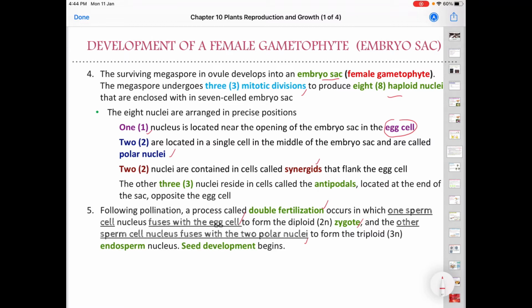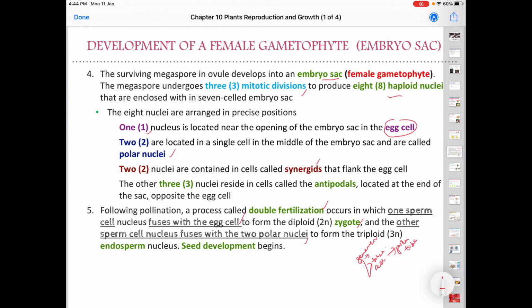If you still remember, in the male gametophyte, when they produce the pollen grain, this pollen grain will do mitosis and form a tube cell and a generative cell. This tube cell later will form the pollen tube. Please revise this.